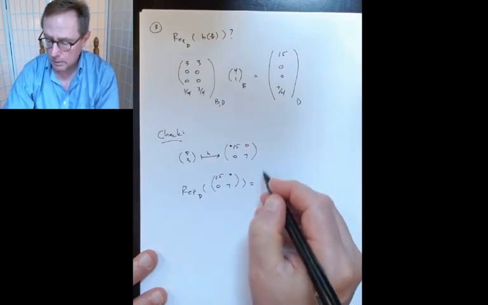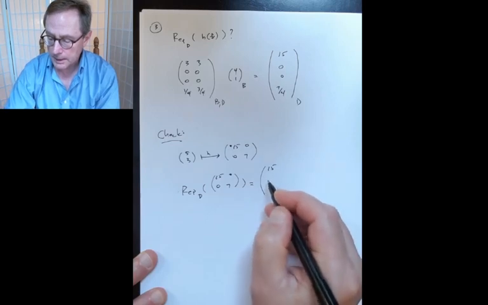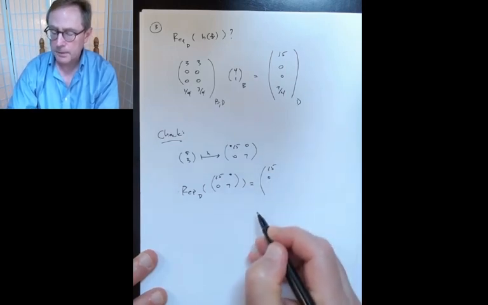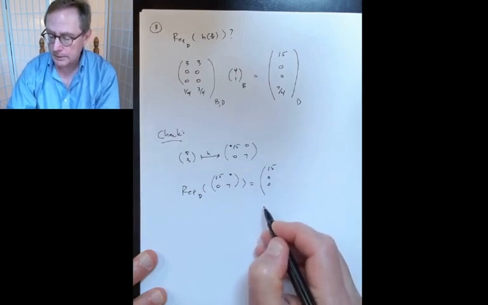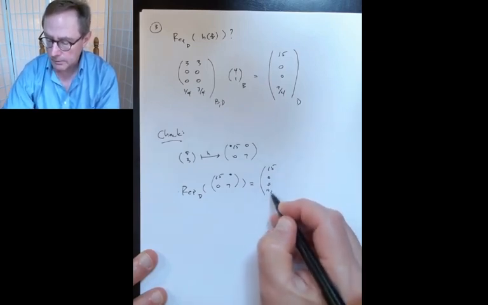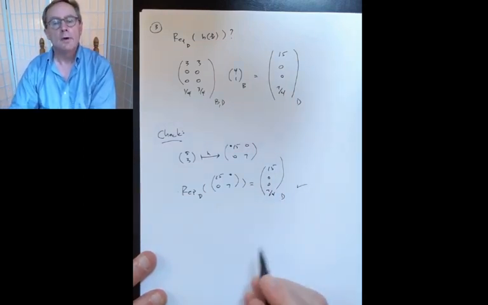How many times (1, 0, 0, 0)? How many times (0, 2, 0, 0)? How many times (0, 0, 3, 0)? And how many times (0, 0, 0, 4)? So yeah, that's right. Okay, very good.